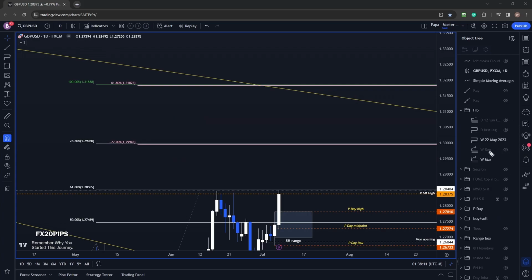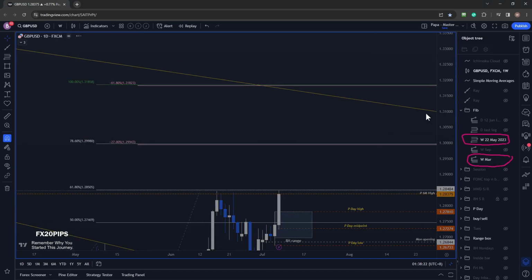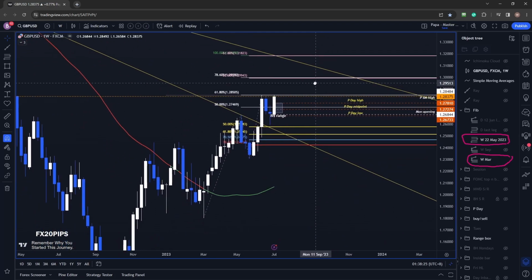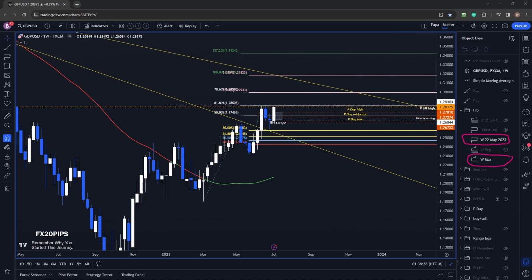So by looking at the weekly fib and the weekly extension of March. All right, let's go there. Okay, with the weekly fib level, okay, and the extension 1, 2, 3, there is 2 levels here that overlap each other.